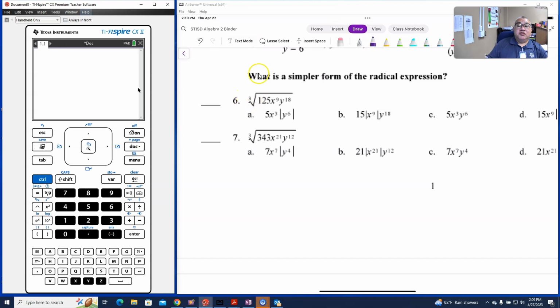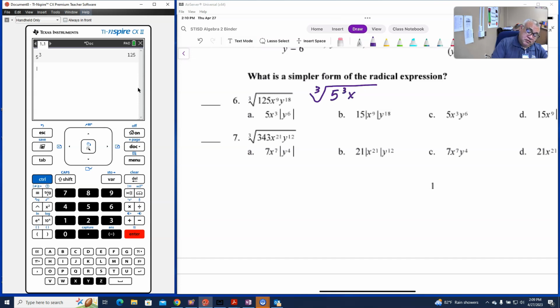For number 6, it says, what is a simpler form of the radical expression? We know that the index is 3. Now, I'm kind of interested to see what is 5 to the power 3. So that's 125. So I'm going to write everything in powers of 3, since that's our index. So our index is the third root. So we have 5 to the third power.